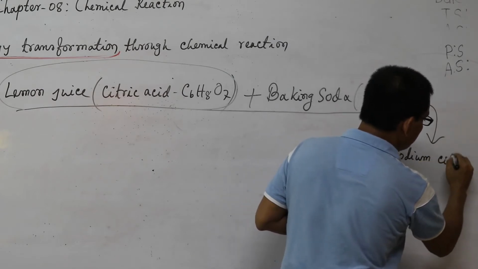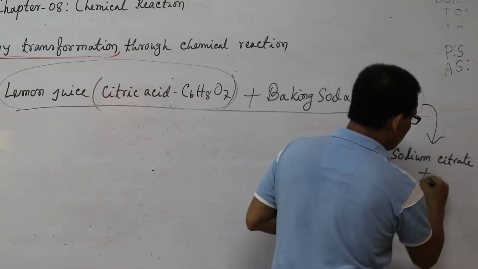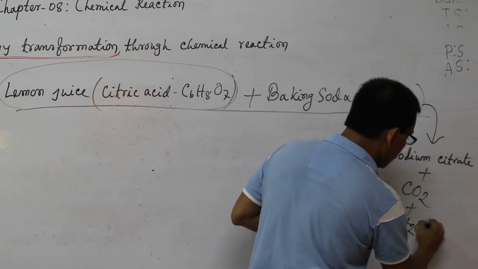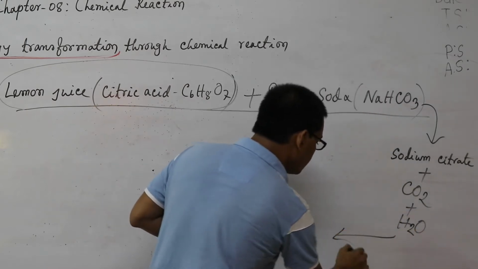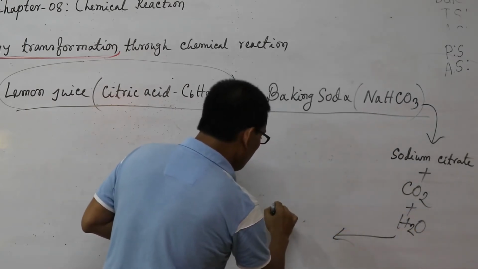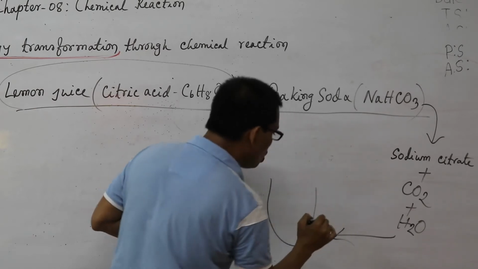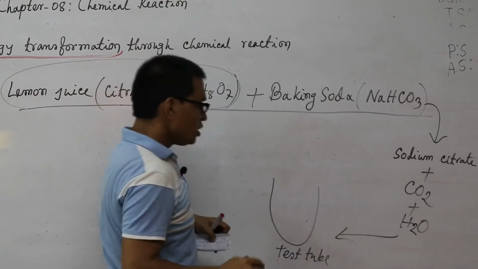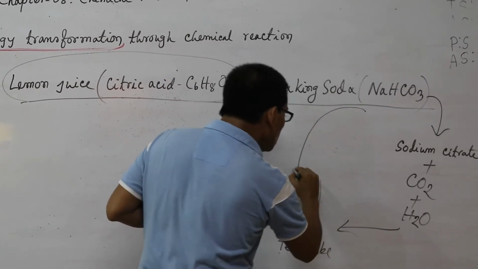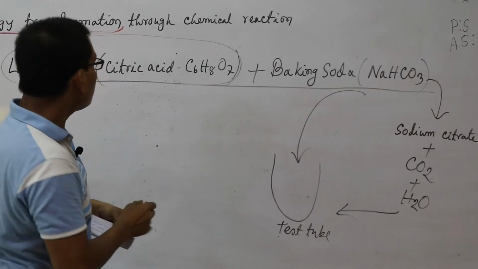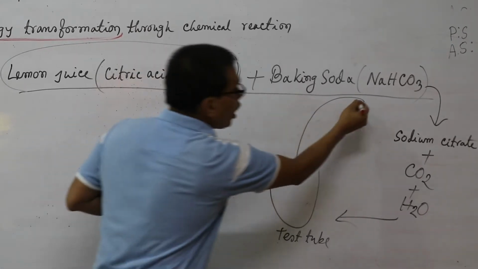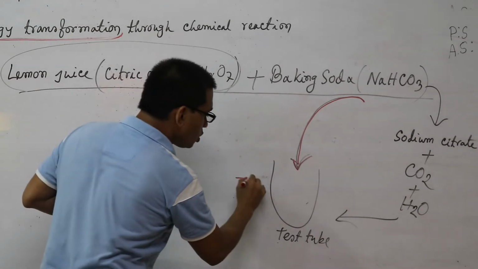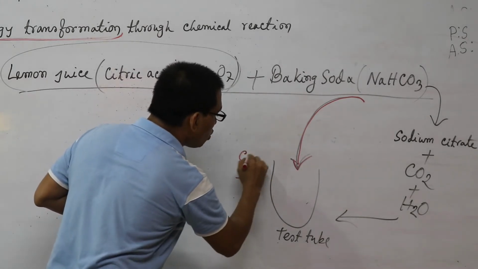In that case, the product will be sodium citrate plus carbon dioxide plus water, and the pot or test tube where this reaction takes place will be cooled down.